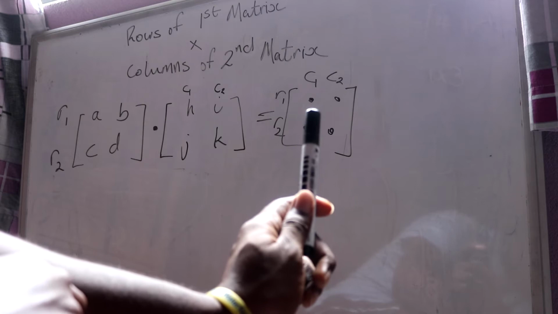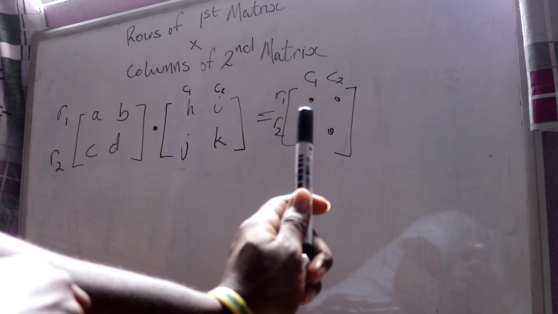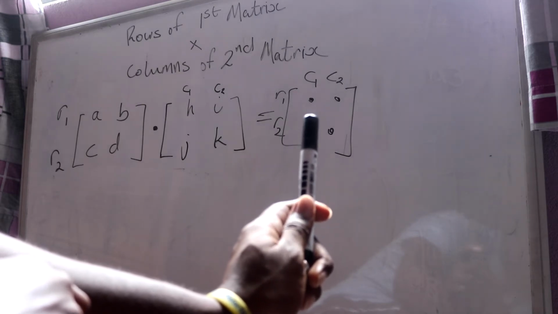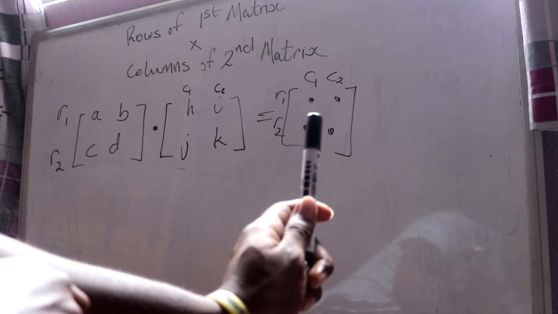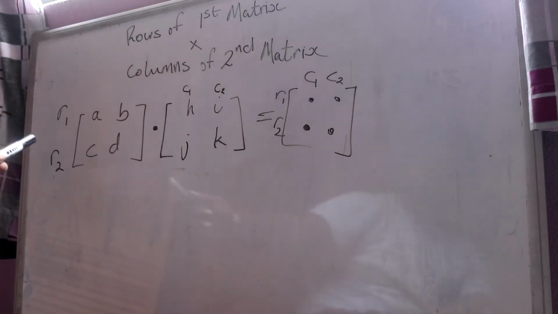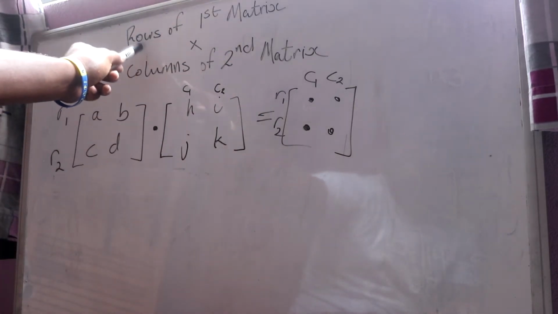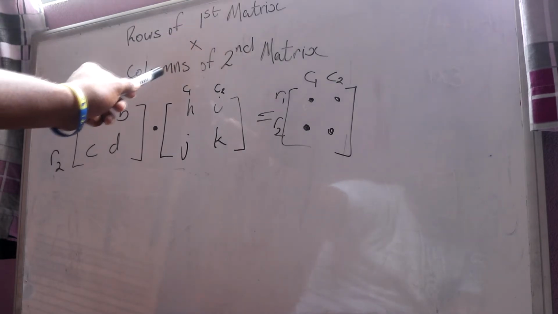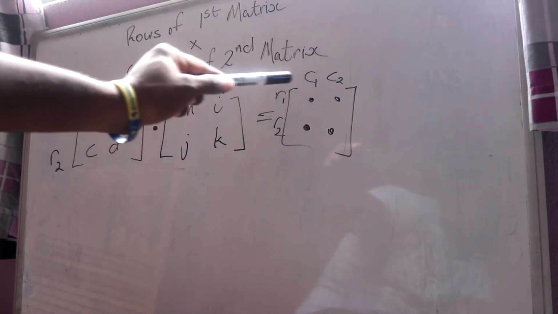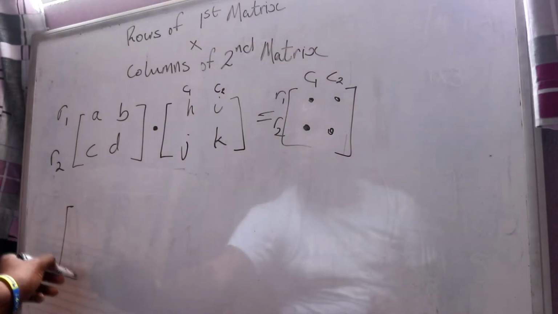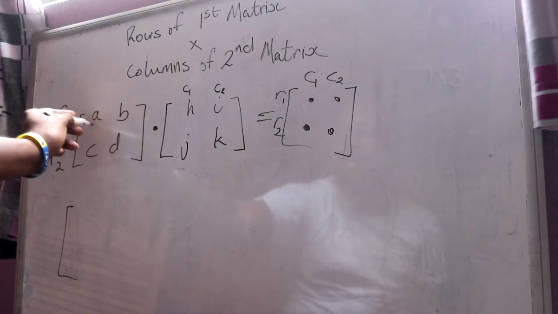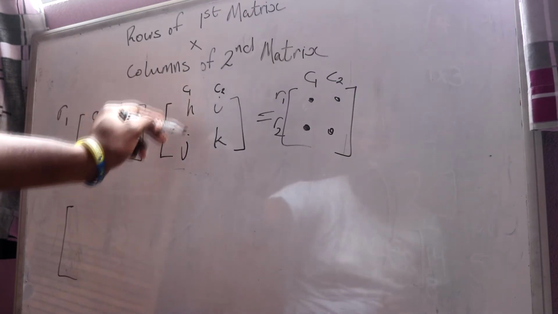Let's look at this one right here. It is in row 1, column 1, and our rule says we multiply all of the rows in the first matrix by the columns in the second matrix. Since it's in row 1, I'm going to multiply all of row 1 by all of column 1.